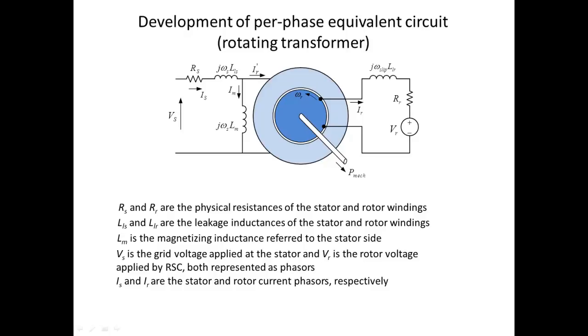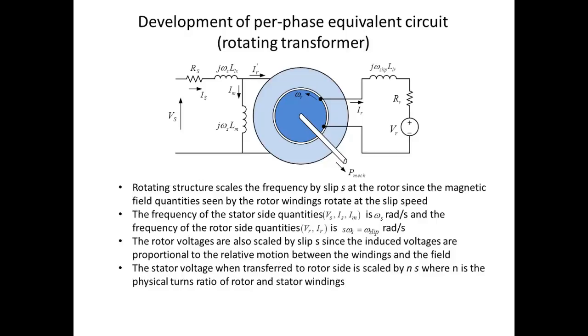But what we have here is the rotating structure. This corresponds to the stator windings, and these are the rotor windings, but this is actually rotating, and that is indicated by putting this explicit structure here. And the rotor is rotating at a speed given by omega r radians per second.